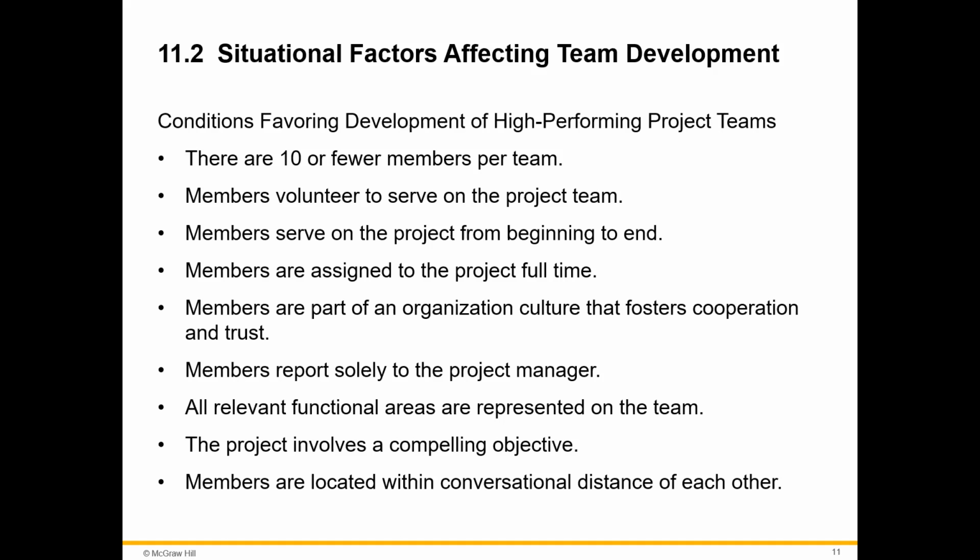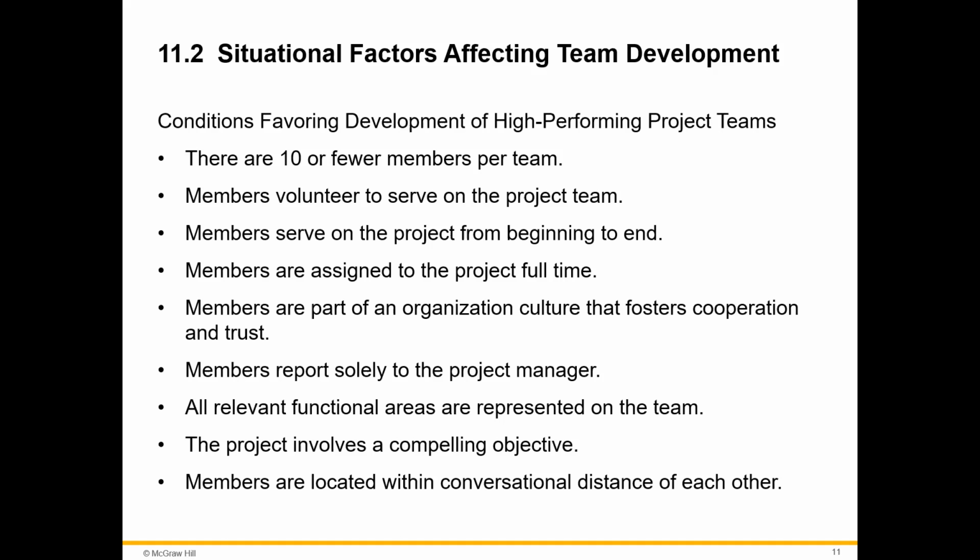Also, please take into consideration the members report solely to the project manager. They have to create a hierarchy where they talk to the right individuals should they have a problem, instead of talking to, say, an operational manager and asking for their opinion on a project that they have nothing to do with.